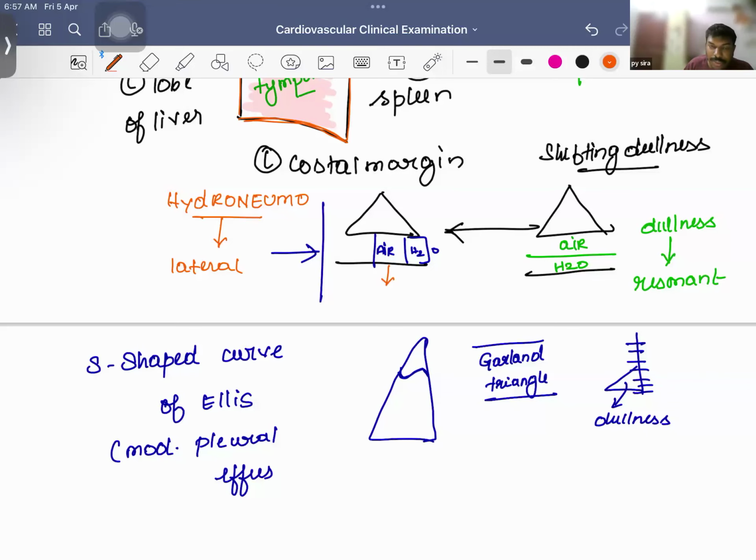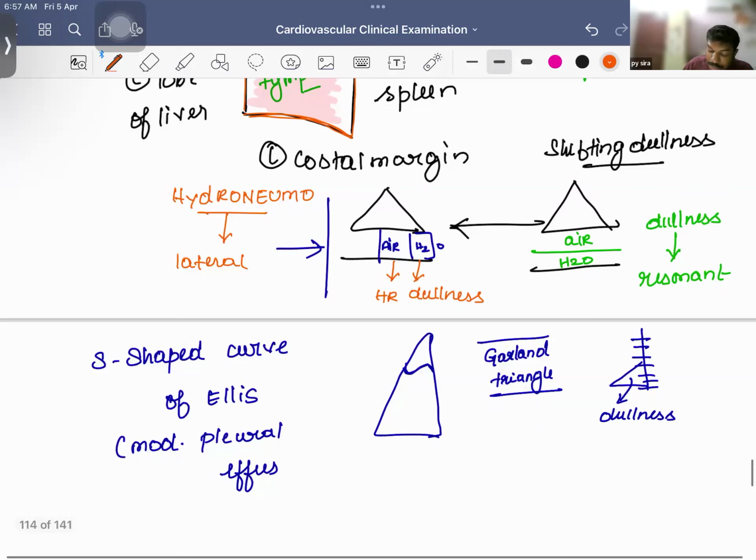Now you tell the patient to sit. When the patient sits, the air is going to move up and the water is at the bottom. Now here you get hyperresonance, and here you get dullness. So you are getting a shift of the dullness. This is called shifting dullness.